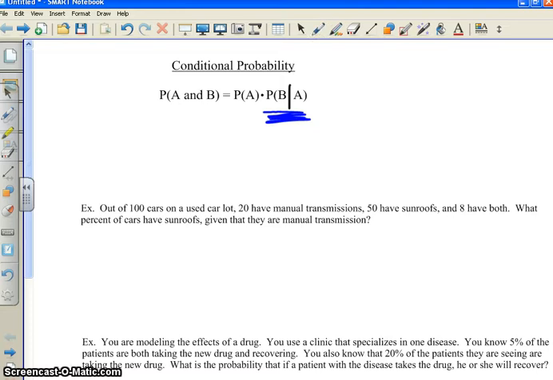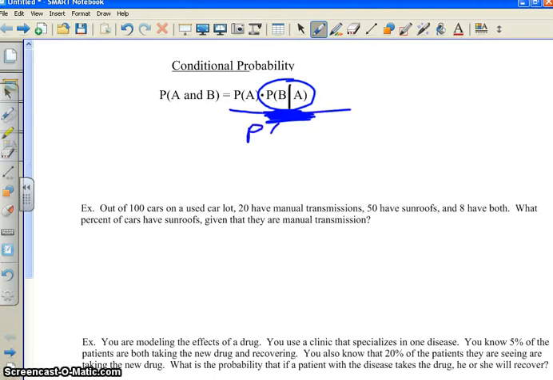So if we're trying to figure out how much this is, the probability that B happened given A, we can use algebra to transform this formula around. So I want to keep this part and get rid of the probability of A. Well, the probability of A is attached to the probability of B given A by multiplication.